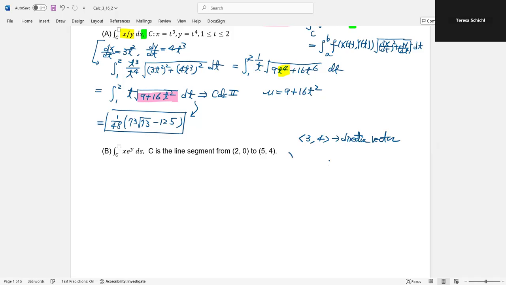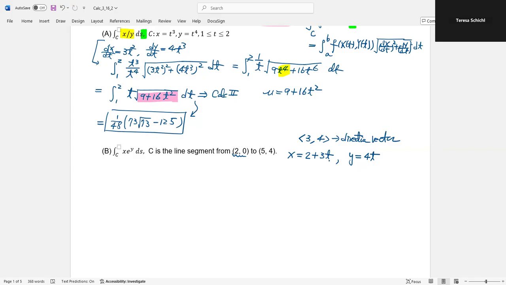Then we choose a point and use the parametric form to define x. Now I choose the point (2, 0), so I can define x equal to 2 plus 3t, and y is going to be 0 plus 4t.